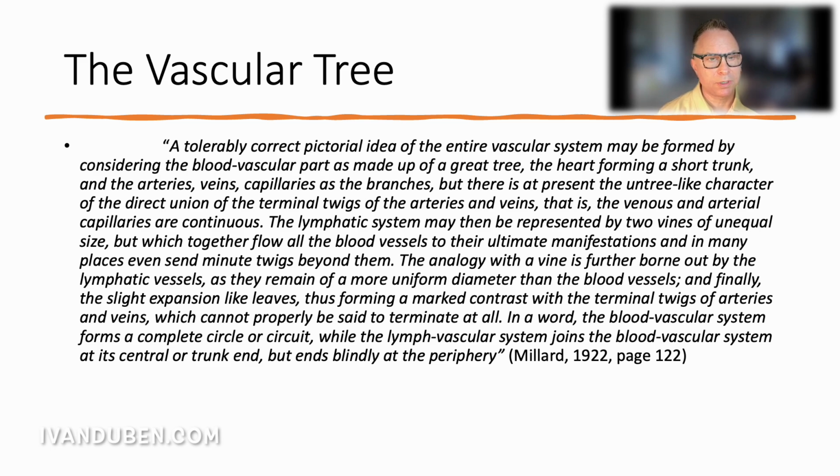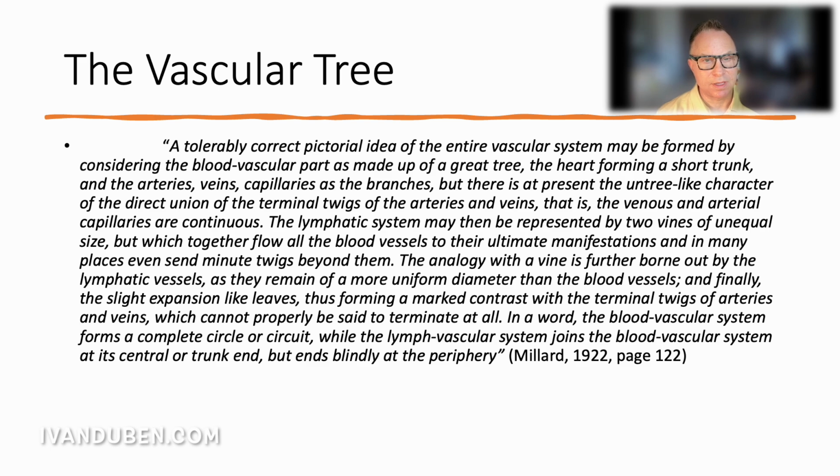A tolerably correct pictorial idea of the entire vascular system may be formed by considering the blood vascular part as made up of a great tree, the heart forming a short trunk, and the arteries, veins, and capillaries as the branches. But there is at present the untree-like character of the direct union of the terminal twigs of the arteries and veins. That is, the venous and arterial capillaries are continuous.